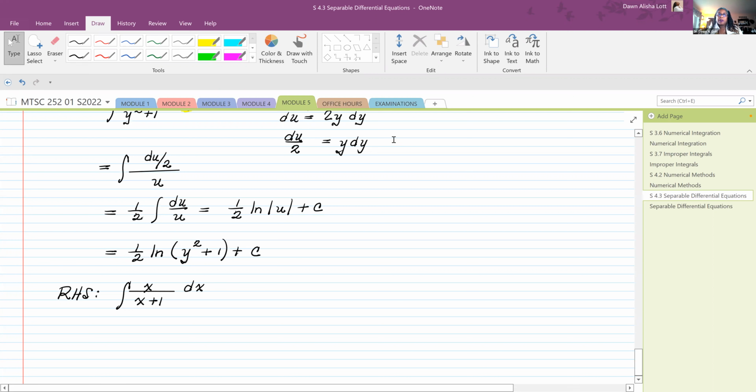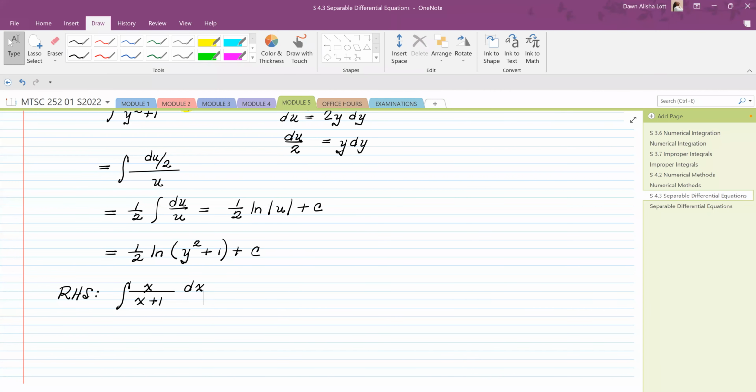Power of the numerator and the power of the denominator are the same. Would you subtract the powers if you wanted to do it in division? Okay, so we do have to do the long division.